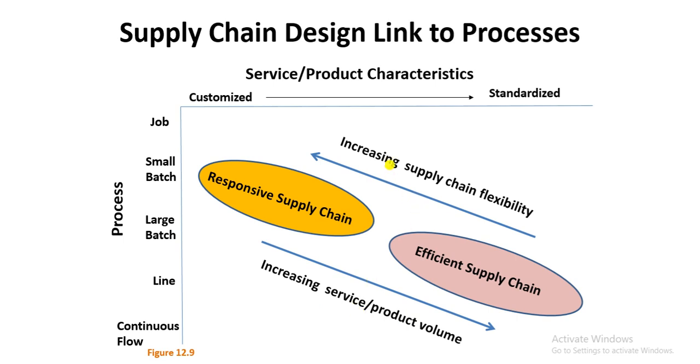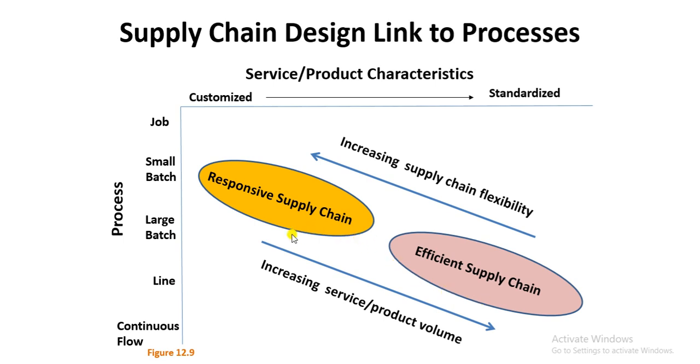As you can see, there is increasing flexibility in the supply chain if you move towards the responsive supply chains, and there will be an increasing volume of products if you are moving from responsive supply chains to the efficient supply chain.